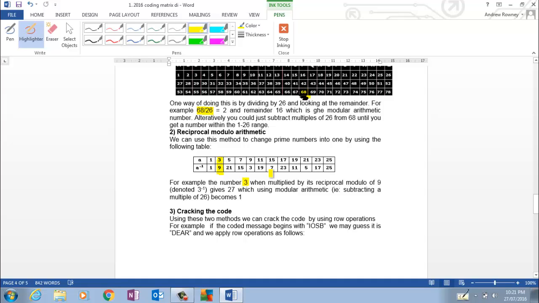So if you ever want to change a number into 1, these are the numbers you have to multiply to get that. Now, you just have to accept that. It's quite complicated describing why this works, but you can accept that as the reciprocal modulo arithmetic rule. Now, we're going to use that in row operations.